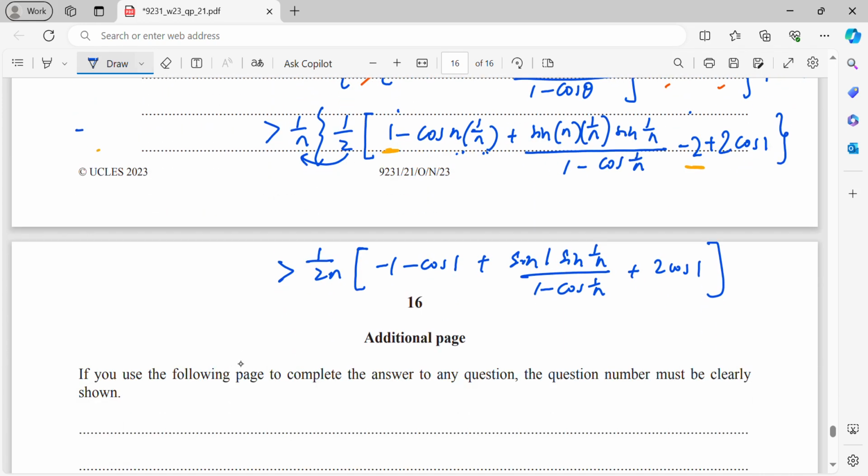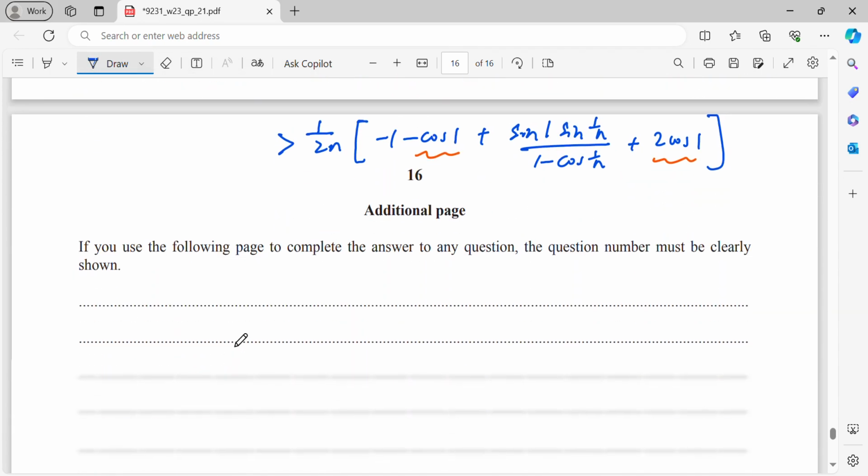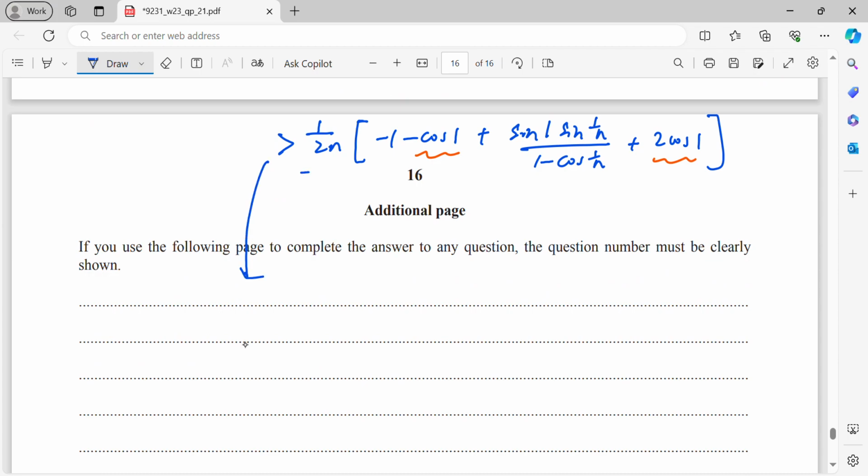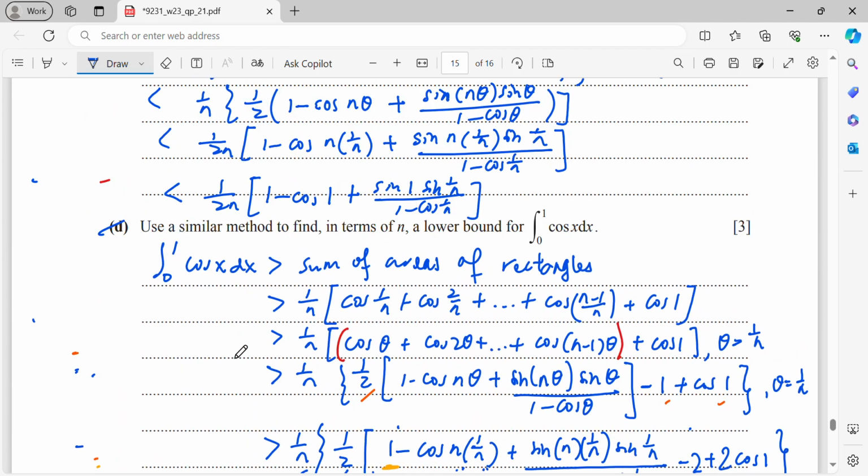So look at here, minus cos 1 plus 2 cos 1. Therefore, that is going to be plus cos 1. So I continue here: this is more than 1 over 2n. So 2 cos 1 minus 1 cos 1 is cos 1. Write the minus 1, then rewrite the last term.